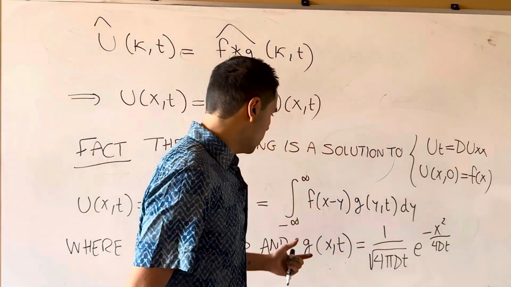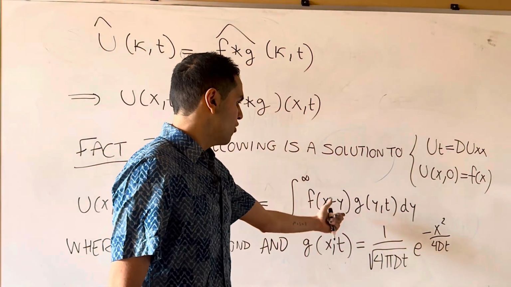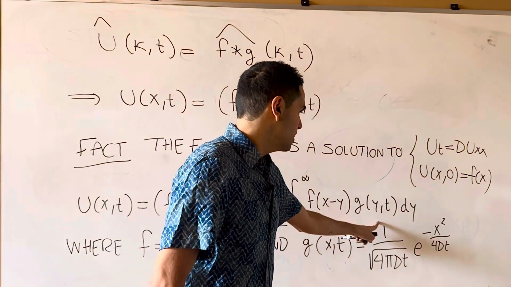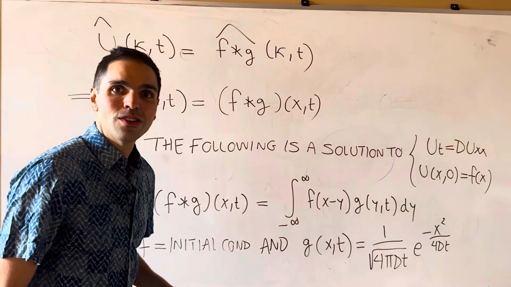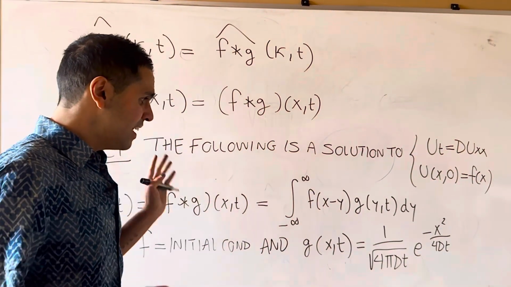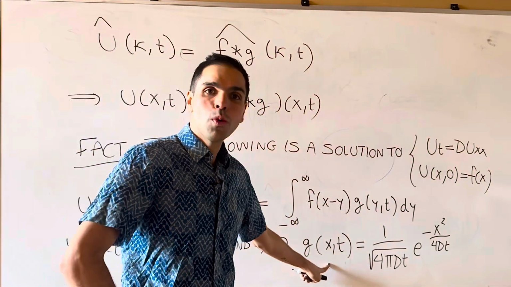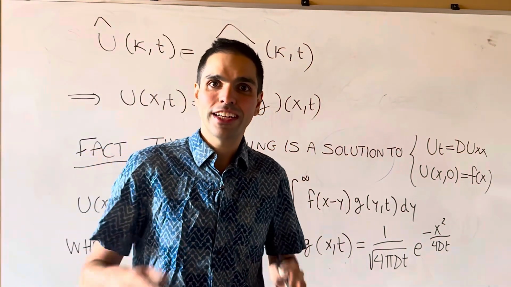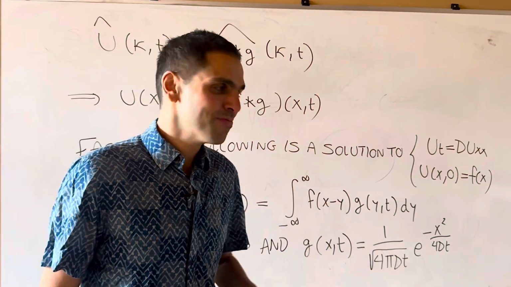And so if you want to, you can write it explicitly as f of x minus y, and then 1 over square root of 4 pi dt, e of minus y squared over 4dt, which is very, very cool. And in the next video, we will explore this heat kernel just a little bit more, and then I will give you a cool explicit example of the heat equation.